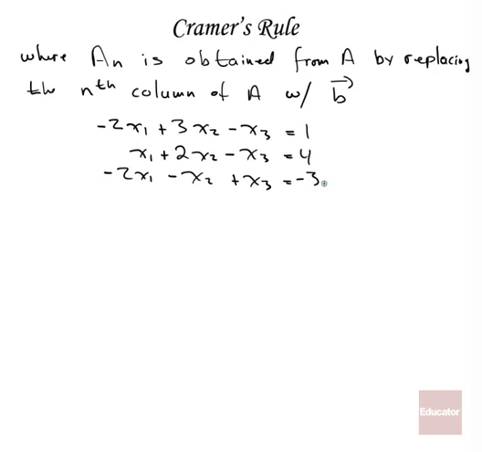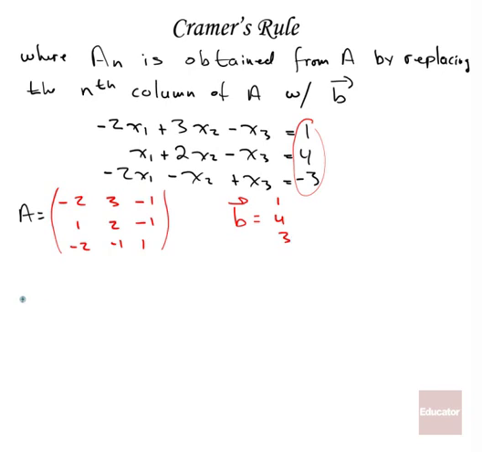Okay, let's do our matrix A. It is just the coefficients. Let me do it in red here. So we have minus 2, 3, minus 1, 1, 2, minus 1, minus 2, minus 1, and plus 1. Good. And let's do our vector B, which is just this right here, 1, 4, minus 3.